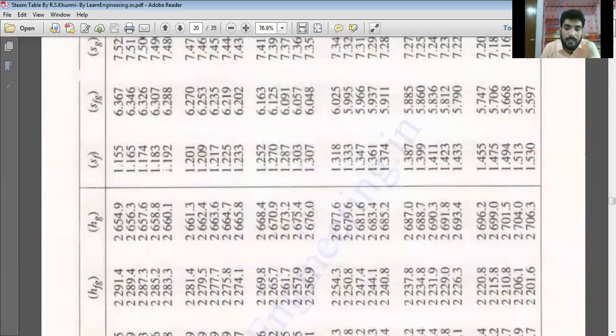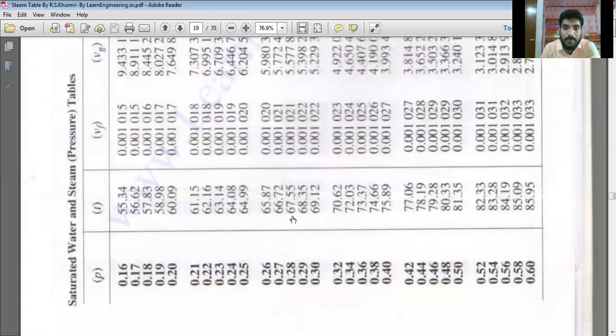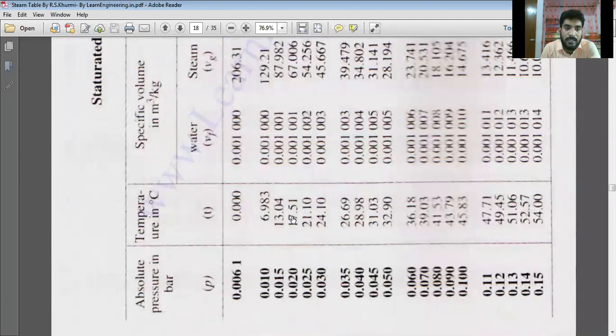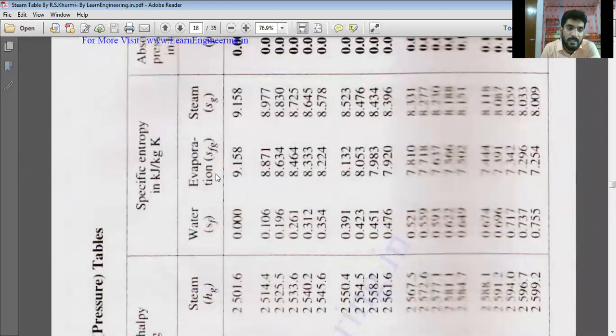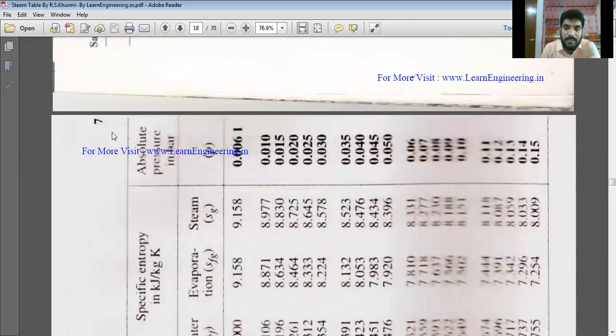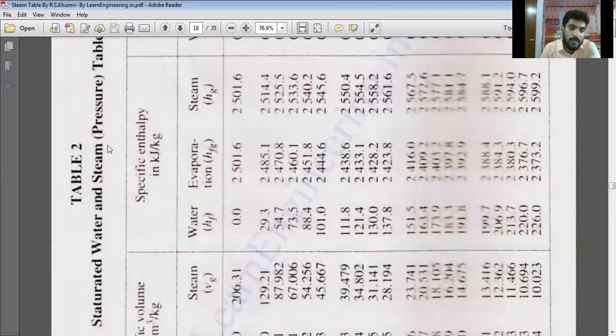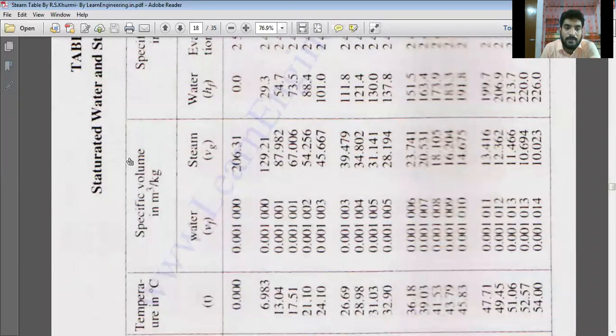Initially I collect at 0.08 bar pressure. You see this steam table, page number 7 in the left corner, the saturated water and steam pressure tables.